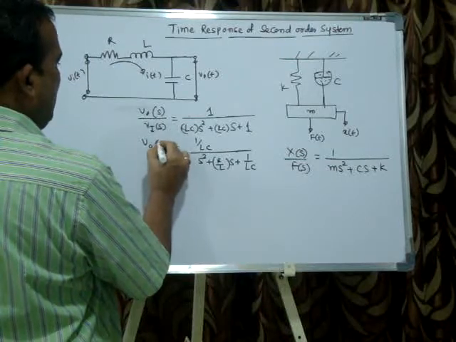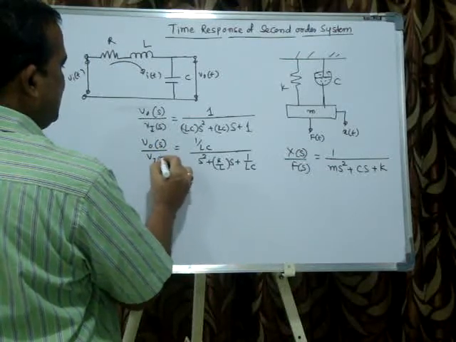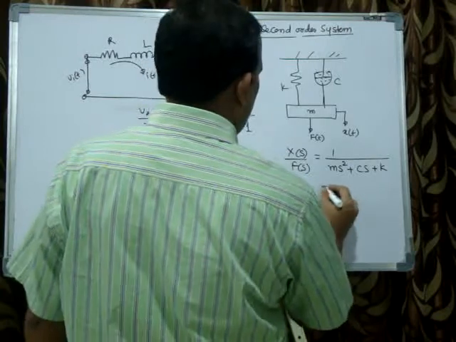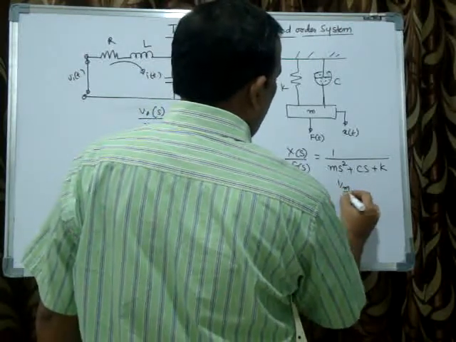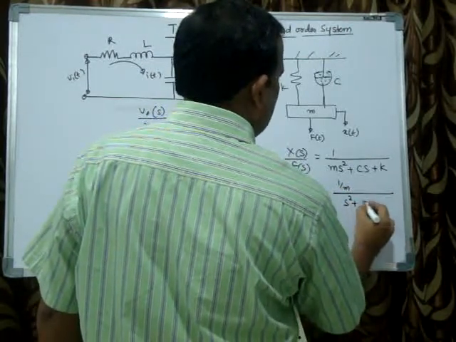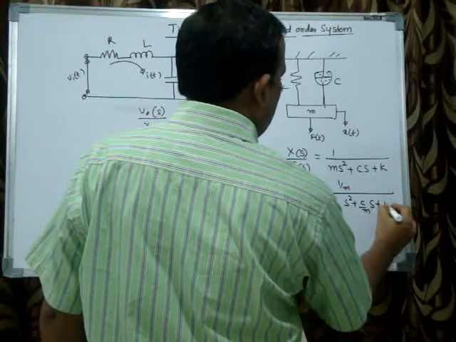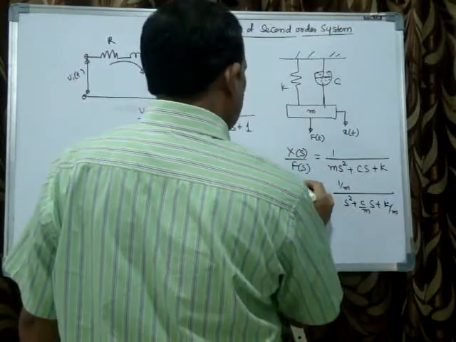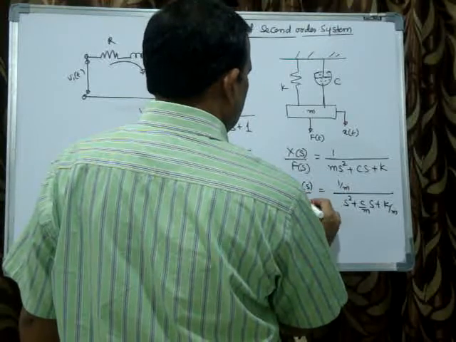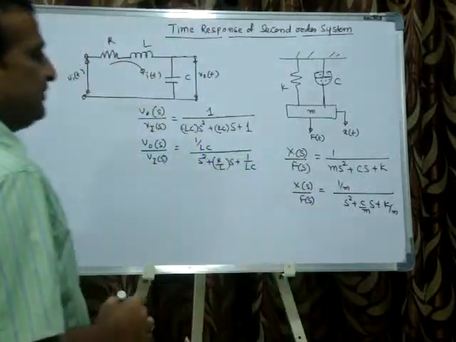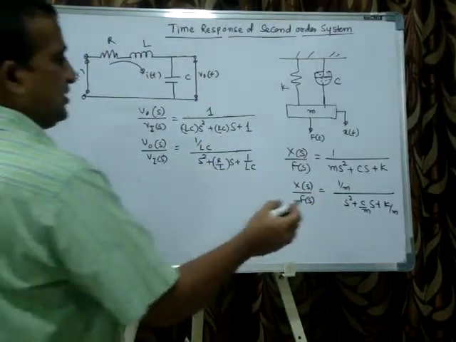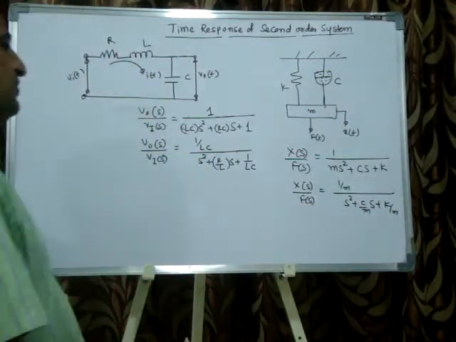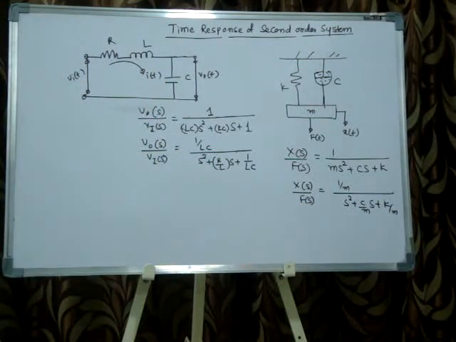Suppose this is V naught of S divided by Vi of S. Here also, 1 by M divided by S square plus C by M S plus K by M. Correct. Here also I have made the S square coefficient unity. Fine.